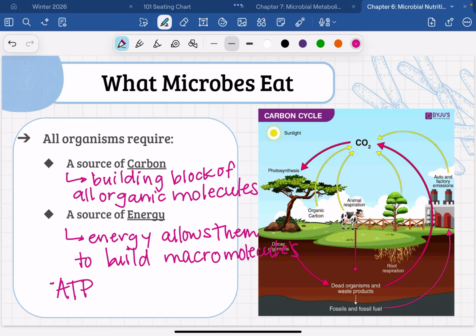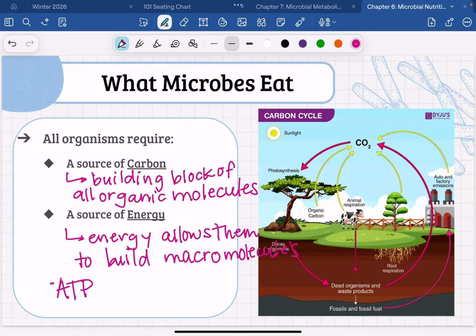Okay, they require energy. All right, and it's the same thing as to go back to our Lego tower analogy. In order to build our Lego tower, we need the building blocks, which would be the carbon. So we need the pieces, and we need the energy to put them on top of each other, right? That takes physical effort. Not very much, but it takes physical effort to build a Lego tower.